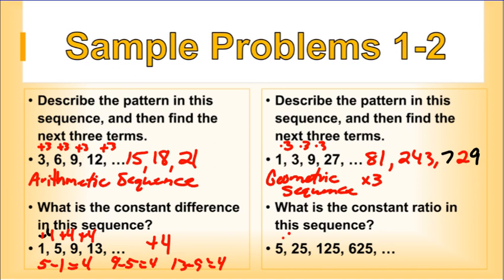Well, I'm multiplying by 5 each time. And again, to determine it, I can take the second term and divide it by the first term, and I get 25 over 5, because remember that's a ratio. That would give me 5. And 125 divided by 25 would also give me 5. So the constant ratio is we're multiplying by 5.